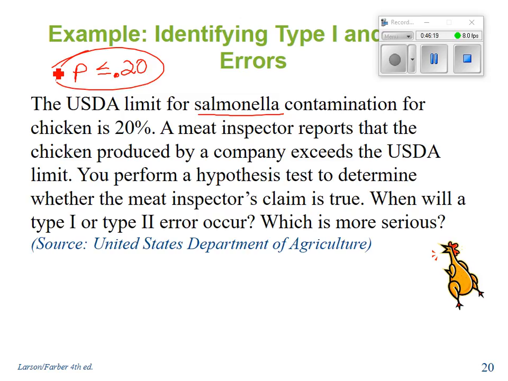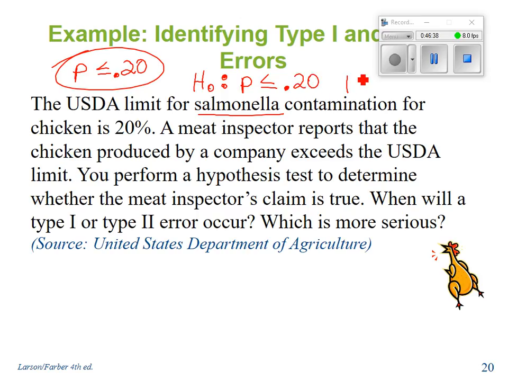A meat inspector reports that the chicken produced by the company exceeds this limit. So when we do this, we're going to do our H0. The company is saying that their chicken is P is 20% or less.